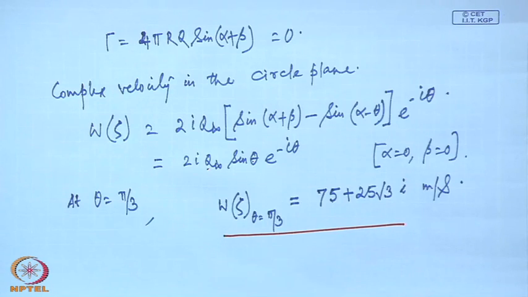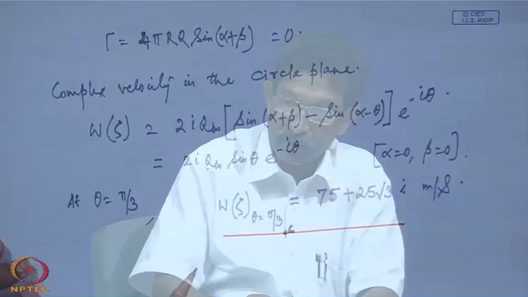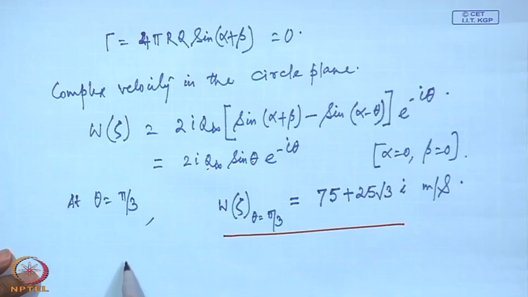Now, this is the velocity at the theta equal to pi by 3 point on the circle, but we do not want to know the velocity on the circle, we want to know the velocity on the airfoil. So, we have to find out what will be the velocity on the airfoil.